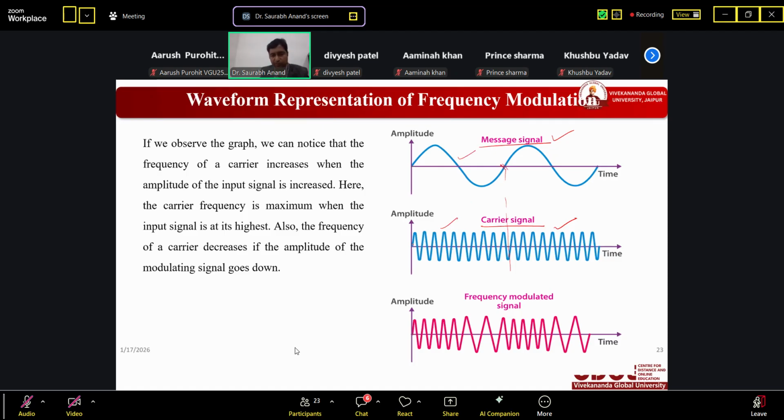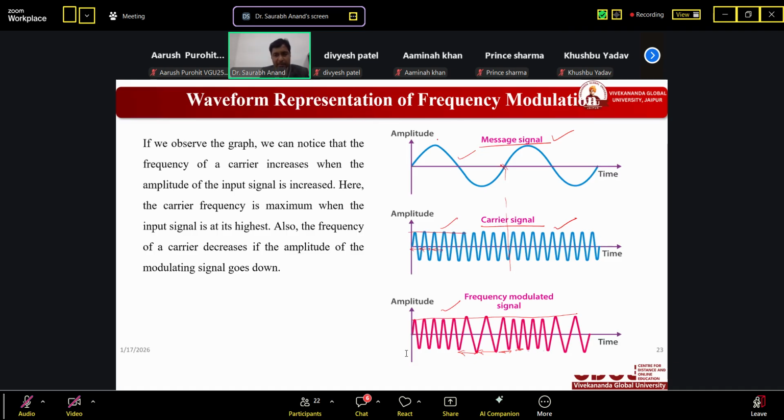So what we are doing now: the amplitude remains constant. What is the amplitude? This amplitude. But the frequency is not constant. You can see this cycle time, this cycle time, this cycle time, every time is the same, but after modulation it is not the same. You can see this is higher, this is higher, this is lower, lower, even lower, right? Why is it varying?